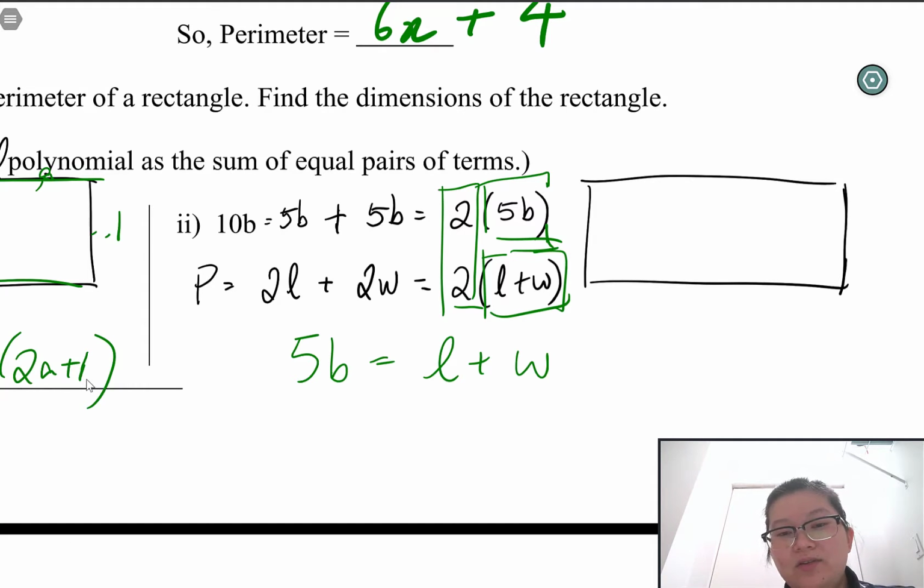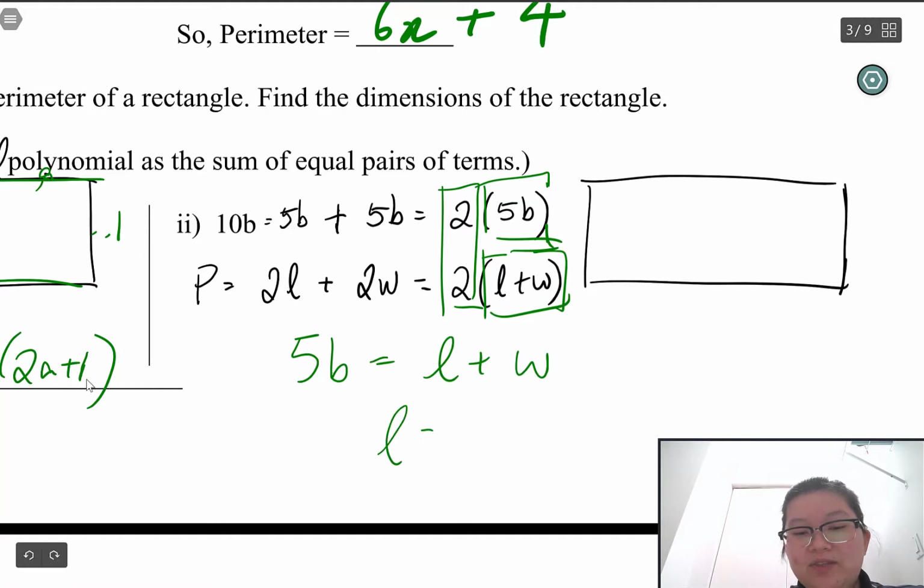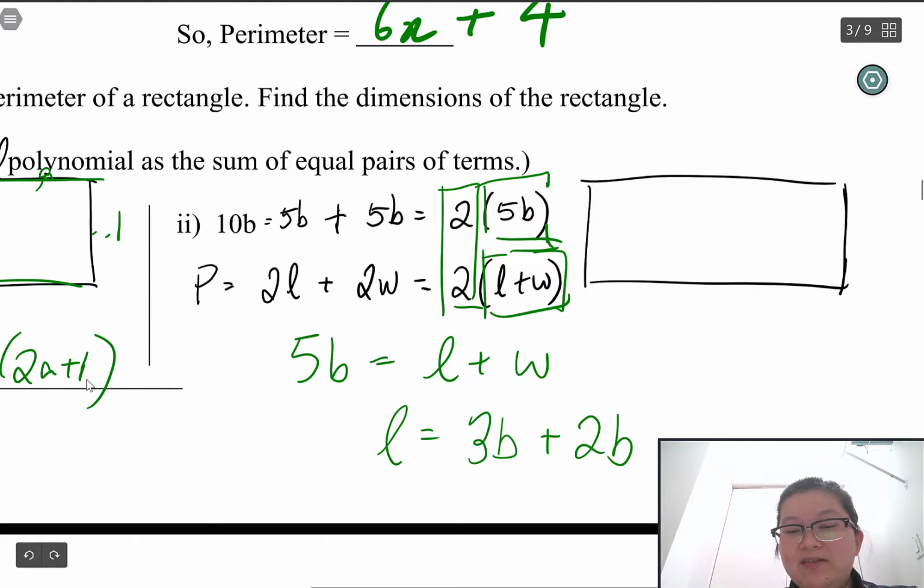One possible solution is if my length was equal to, well, actually it should be longer, so 3b, plus 2b being the width. So if we did that, then it's going to look like this.